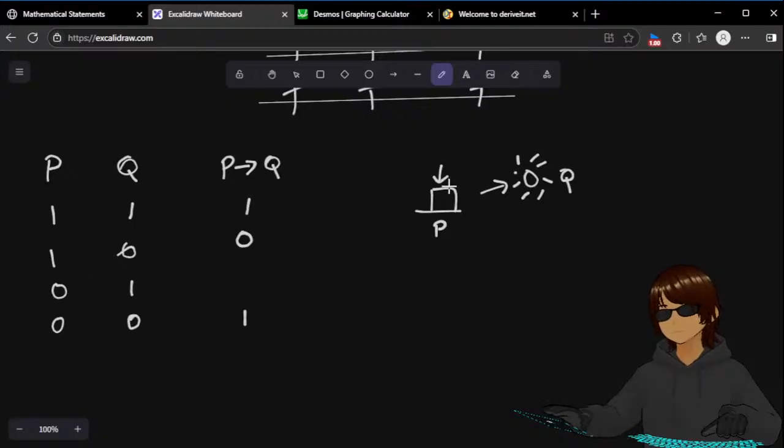That if you do not press P, then Q can either happen or not happen. It shouldn't matter because there could be a third event. Let's call this event M, which could also light up this button.